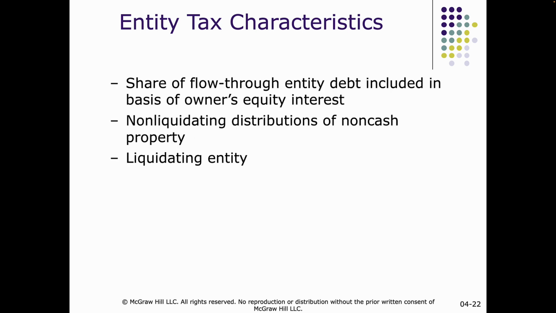And we want to also take into consideration the share of the flow-through entity debt that is included in the basis of the owner's equity interest, and any non-liquidating distributions of non-cash property and any liquidating distributions. And several of these topics we will discuss throughout the semester.